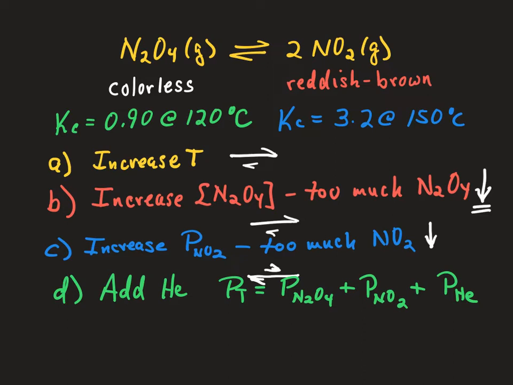But helium adding to the total pressure will not change the partial pressures of the participants in the reaction. And if those pressures don't change, then the equilibrium constant in pressure terms can't change. And so this would have no effect on our equilibrium.